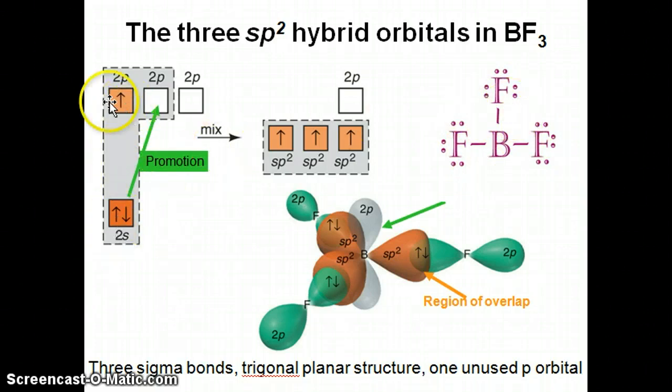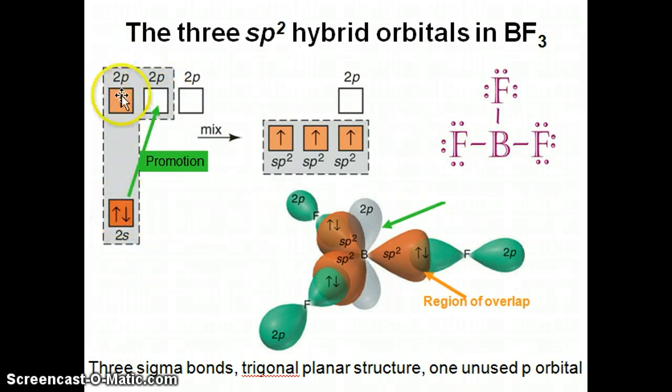And so to do that we need to look at the electron configuration of boron, which is shown in orange here. Boron has 5 electrons, so the valence shell would contain 2s2 and 2p1, and as you can see it only has one single electron, so that's not going to explain the 3 bonds that boron makes. So in order to do that we need to promote one of these electrons from 2s to 2p, which results in 3 single electrons, and then of course we have to make all those electrons the same type, and so to do that we hybridize all these 3 orbitals.